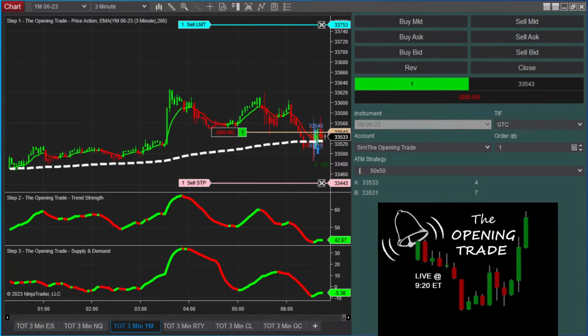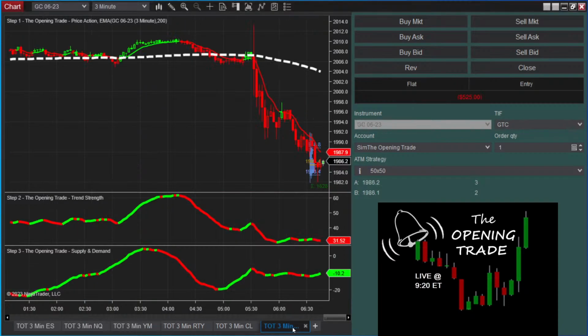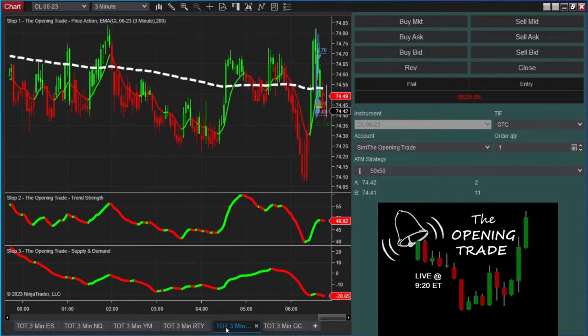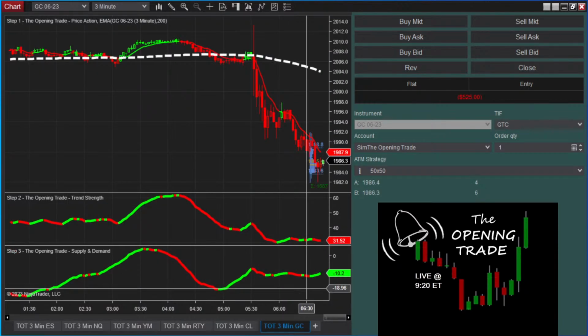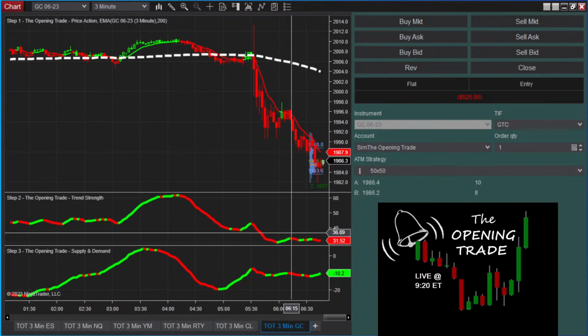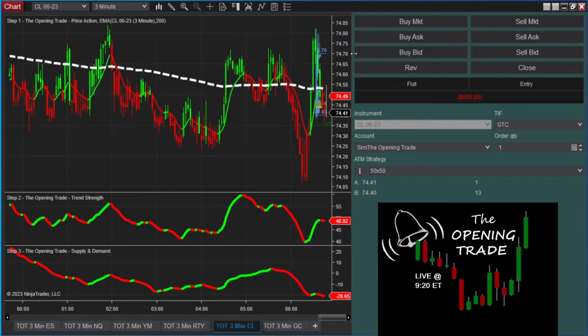All right. So let's take a look at the news while we're watching our last automated trade here. Gold's not tickling my fancy. I don't feel like there's enough to take a manual trade for me. Crude oil is very close to the 200 period EMA.